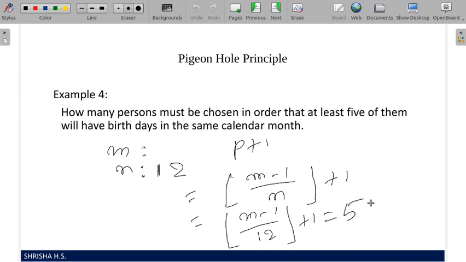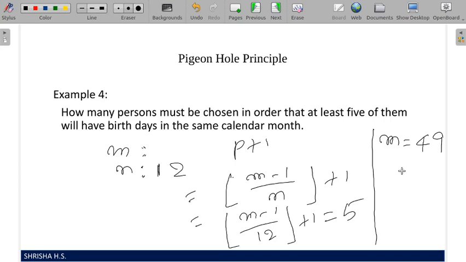Now we solve the equation and see what m's value will be. After solving this simple arithmetic, m's value is 49.